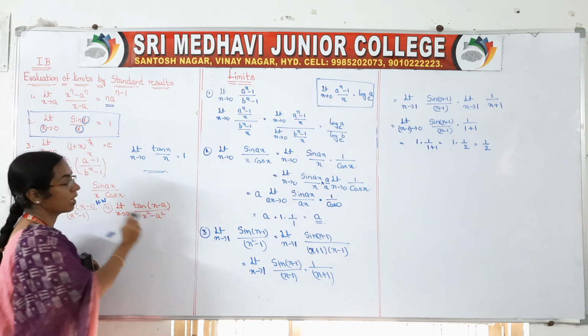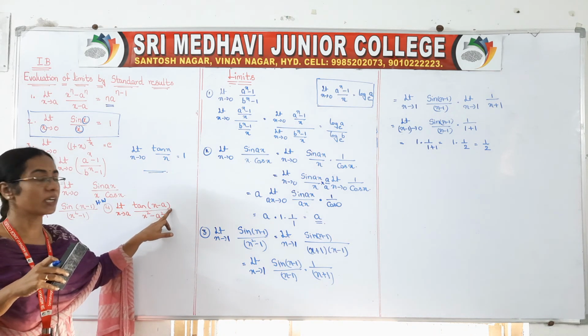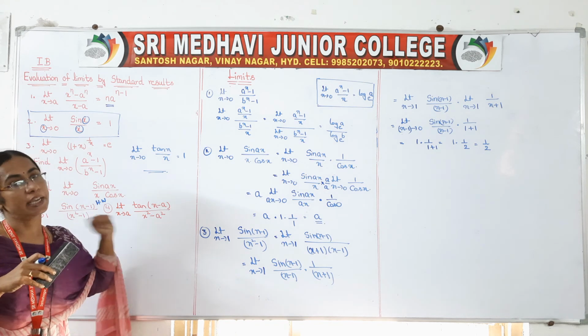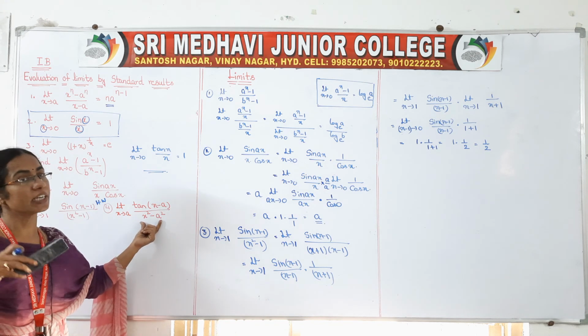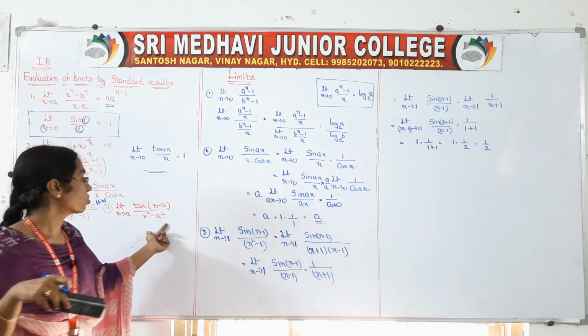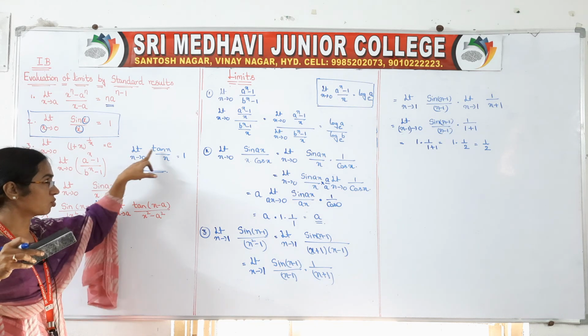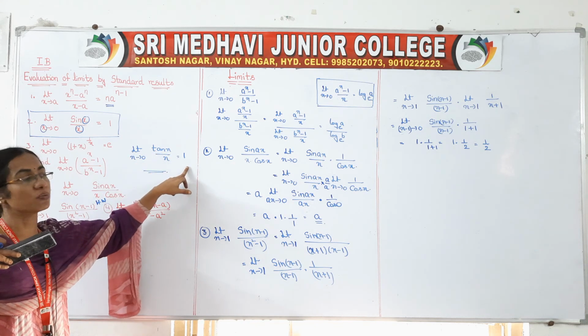X square minus a square can be written as x minus a into x plus a. There is one standard formula, limit x tends to 0 of tan x by x is equal to 1. Apply this formula here, and you will get your required answer.